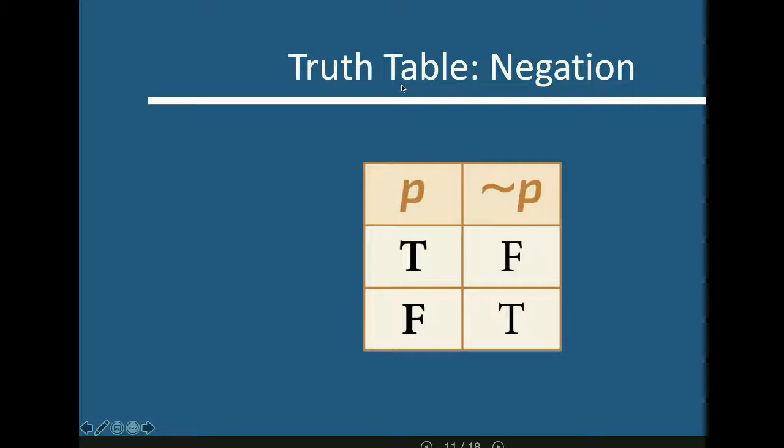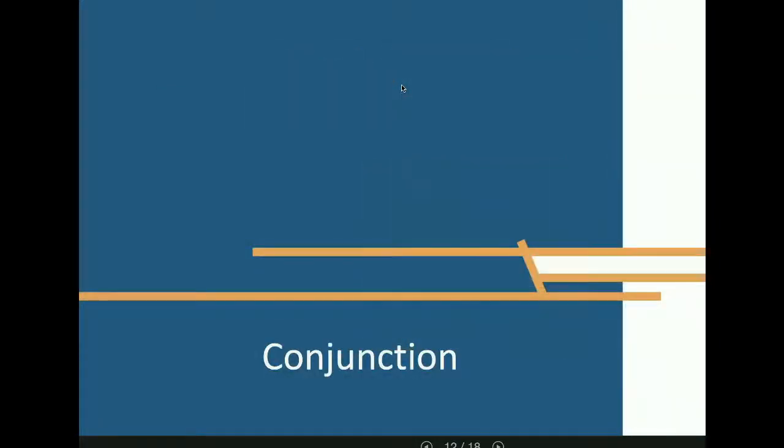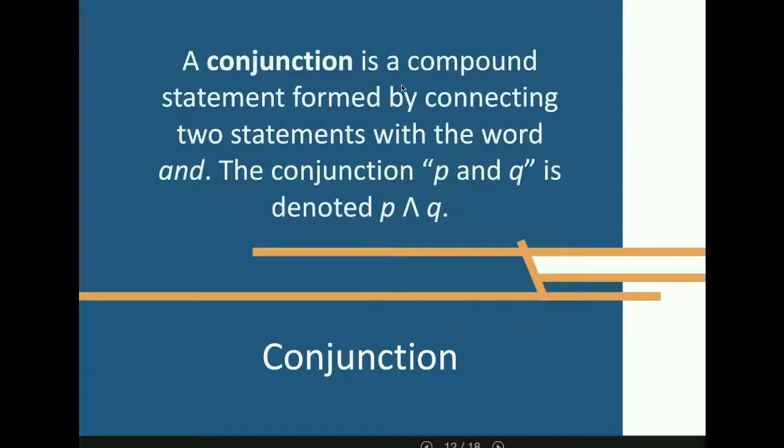Just like in sets, we have a couple operations that we can think of with statements. First we have a conjunction, and a conjunction is a compound statement, putting two statements together by connecting two statements with the word and. So the conjunction P and Q is denoted like this.